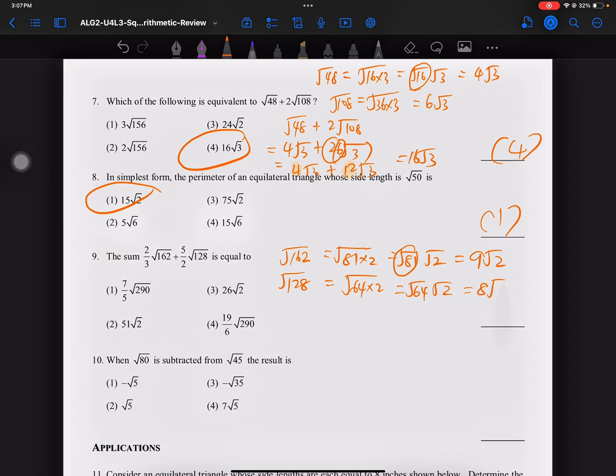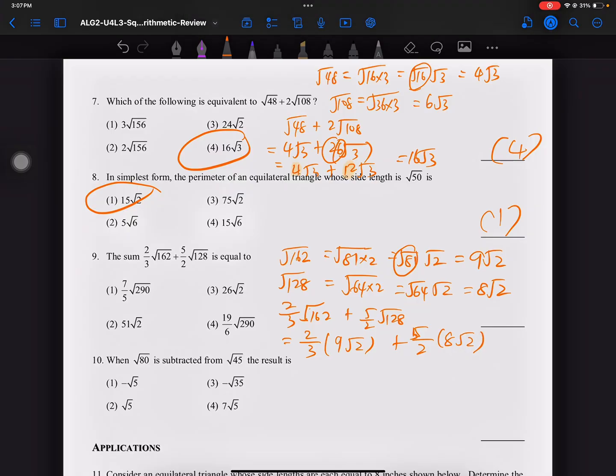And then we put back in the original expression. So we have 2 over 3 times √162 plus 5 over 2 times √128. Okay, so it is equal to 2 over 3 times 9√2 plus 5 over 2 times 8√2.